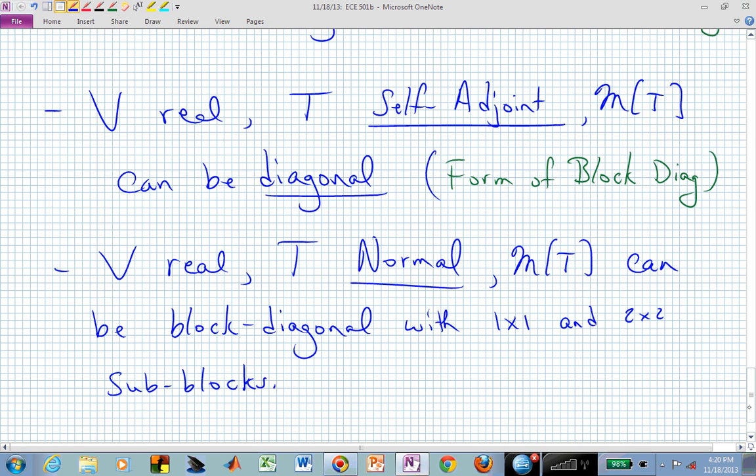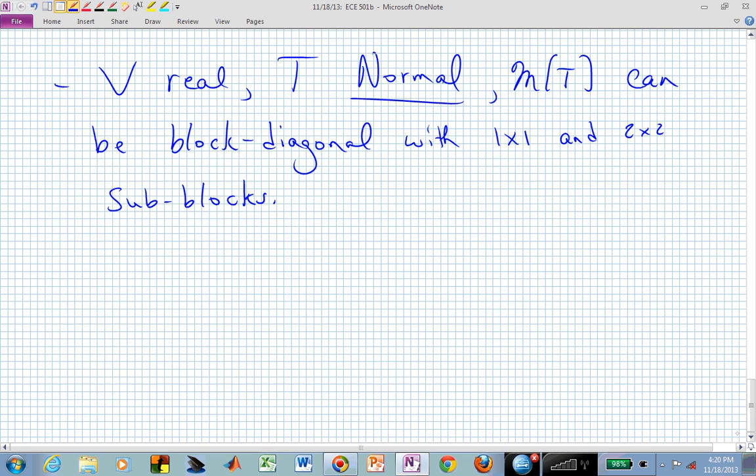Let's now look at the next kind of operator. So we have linear operators, we have normal operators, we have self-adjoint operators. Now let's look at another one, which is a positive operator.